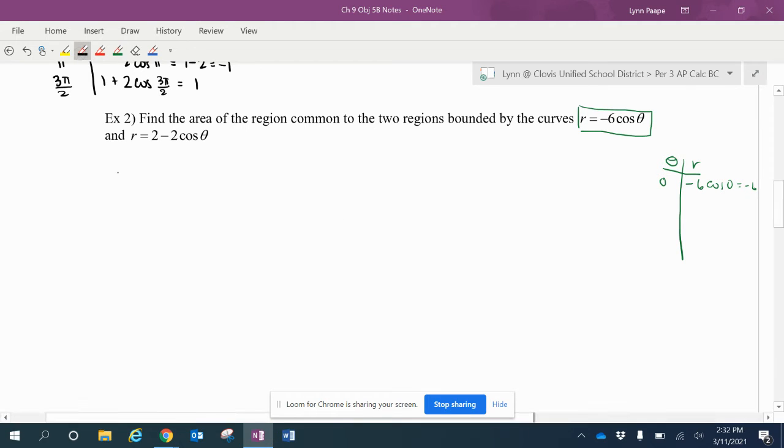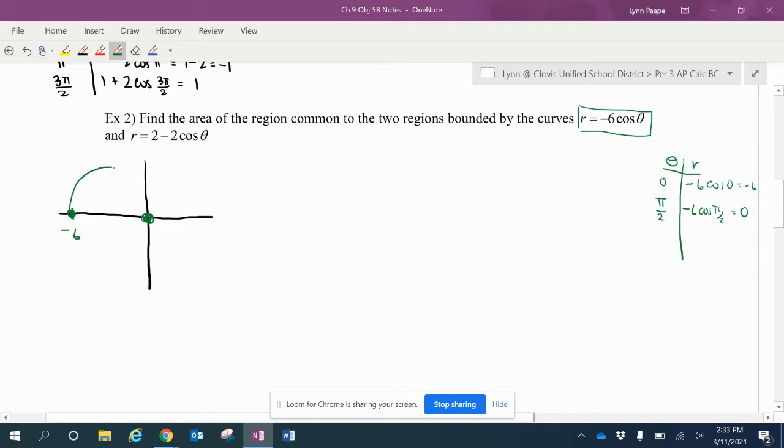So let me go ahead and set up my graph. So when theta was 0, I would be out here at -6. And then for pi over 2, that would be -6 times the cosine of pi over 2. Cosine of pi over 2 is 0, so that would just be at 0. And then I would get that repeated pattern all the way around.